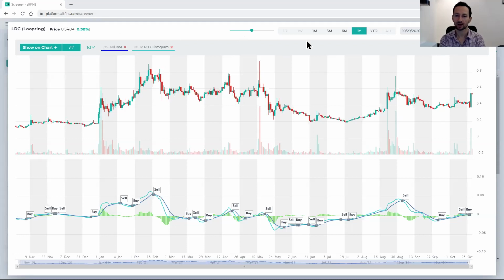We're just below that, but I would say that 60 cents got rejected here, got rejected here, got rejected a few times here, and several times here and here as well.